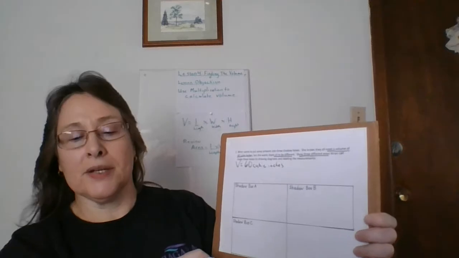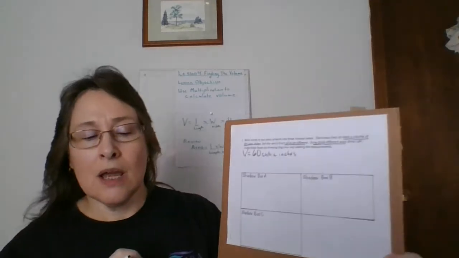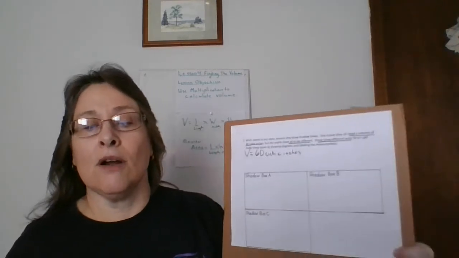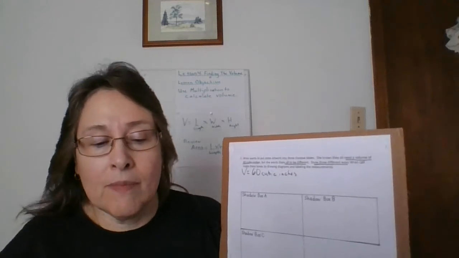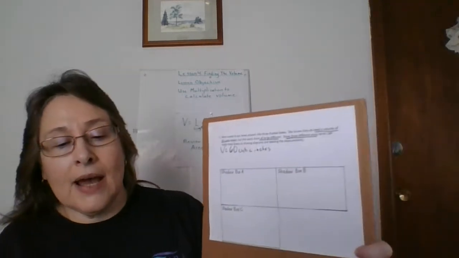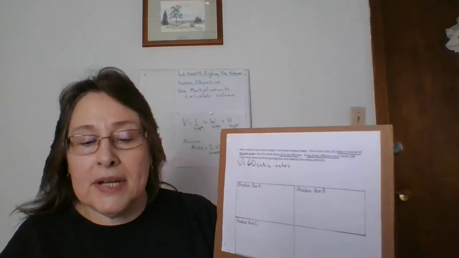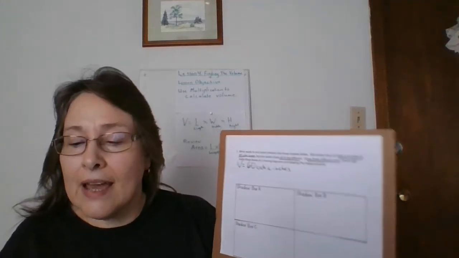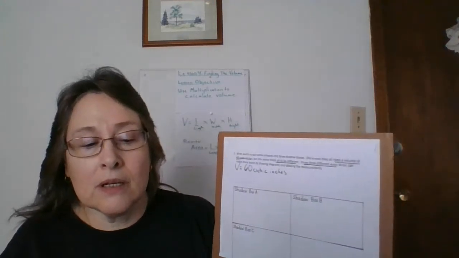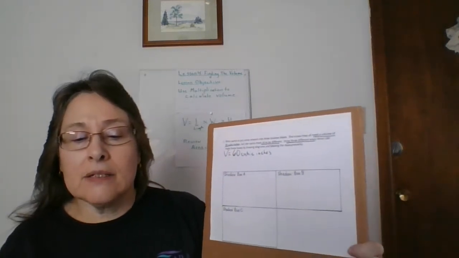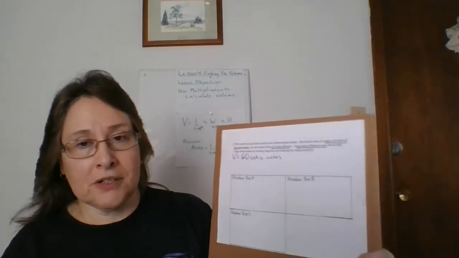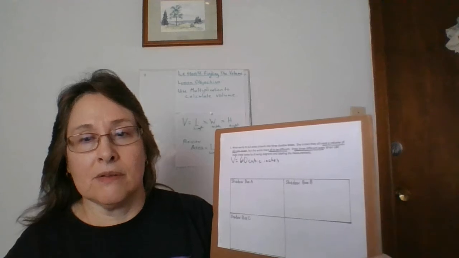Show 3 different ways. Now, because I have 60 already given to me as a volume, that means that I need to find 3 numbers that when multiplied together will give me 60. So I have to find my factors of 60 to help me with this.